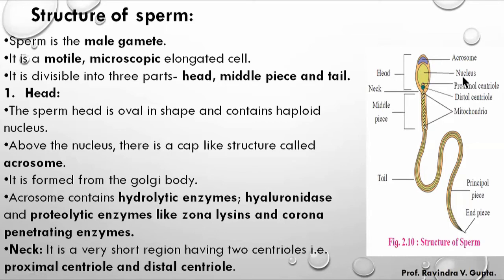Haploid means it consists of only 23 chromosomes, meaning half the chromosomes. Each chromosome has one copy, which is called a haploid set.